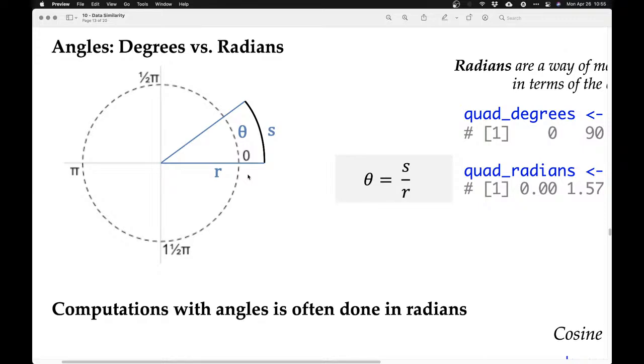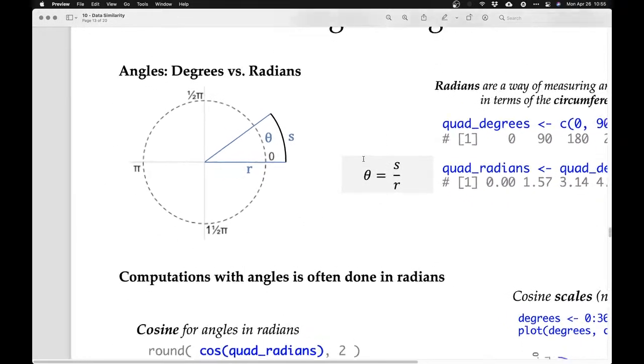So 2 pi r. If the radius of a circle is 1, then the circumference is 2 pi, because r is 1. So when we're talking about radians, if we use a circle with radius 1, then the circumference is 2 pi.